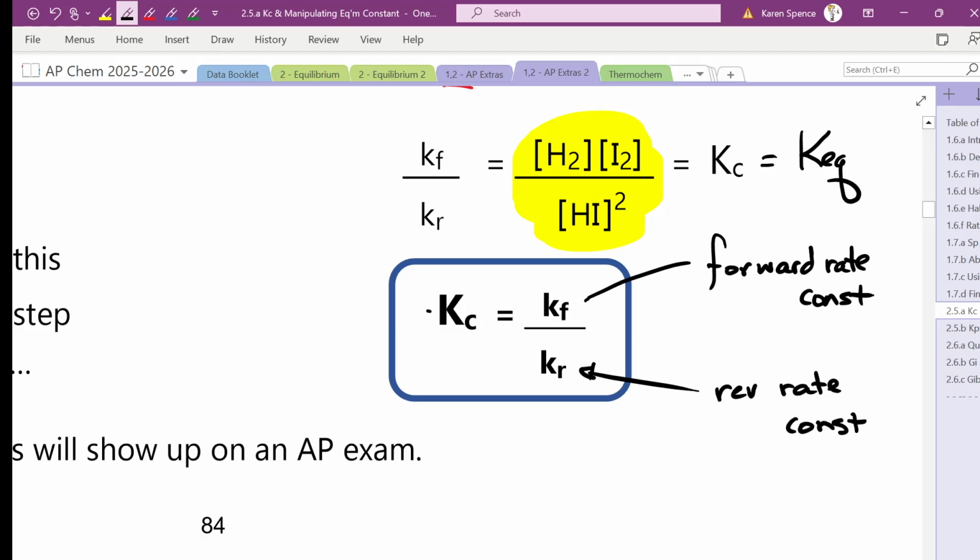Well, the Keq is equal to the forward rate constant divided by the reverse rate constant. Super exciting.